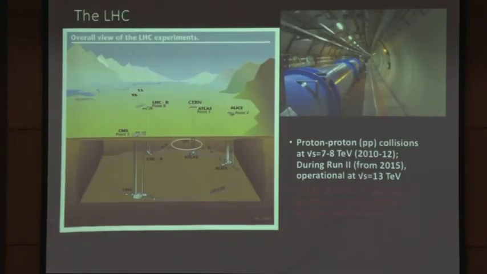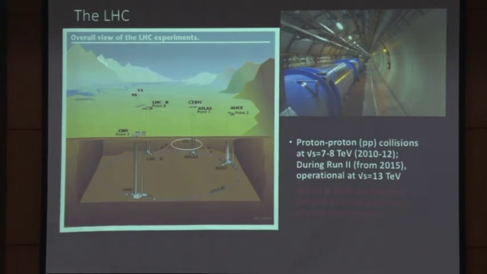So a bit more here, and this is obviously 100 meters under the ground. Then the proton-proton collisions happened at 7 and 8 TeV till 2011 and 2012, called run 1. And run 2 started in 2015, where the center of mass energy is 13 TeV.